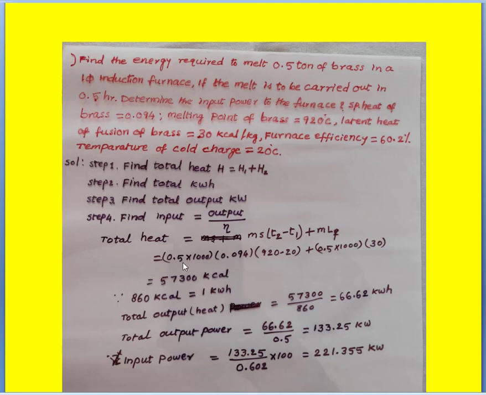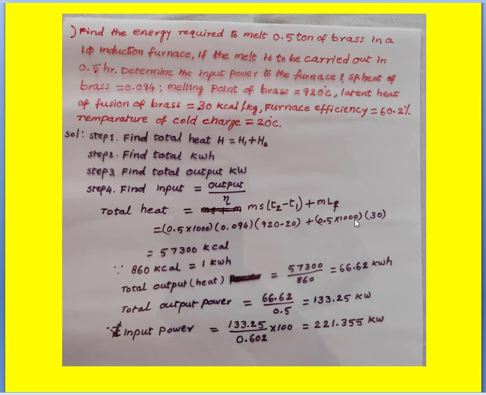So M is given as half ton, so multiply that with 1000 to get kgs into MS. S is nothing but specific heat, given as 0.094 into the final temperature 920 degrees and initial temperature 20 degrees, that is 920 minus 20, plus 0.5 into 1000, that gives you M in kgs, into 30. So when you simplify this, we get 57,300 kilocalories as the total heat.